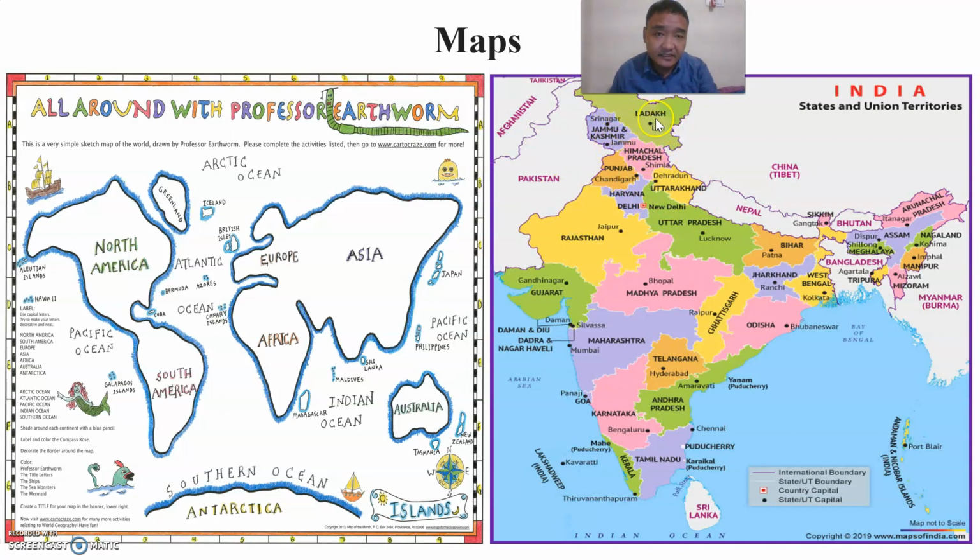Recently one more state was added, the 29th state, including Ladakh. Recently it has become a new state. So Ladakh, Jammu and Kashmir, Himachal Pradesh, Punjab, Rajasthan, Gujarat, then Madhya Pradesh, Maharashtra, then Telangana, Hyderabad, Andhra Pradesh, Karnataka. All these are called states. Then you can see symbols here, right? Okay, now next.